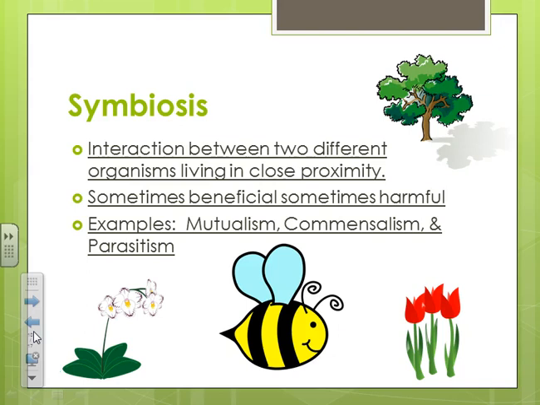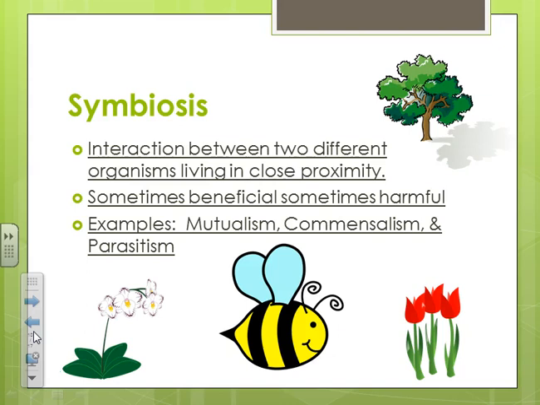Say that again. Symbiosis is defined as interactions that take place between two different organisms living in close proximity. And sometimes they are beneficial, sometimes they are harmful, and sometimes one benefits and the other one isn't harmed.